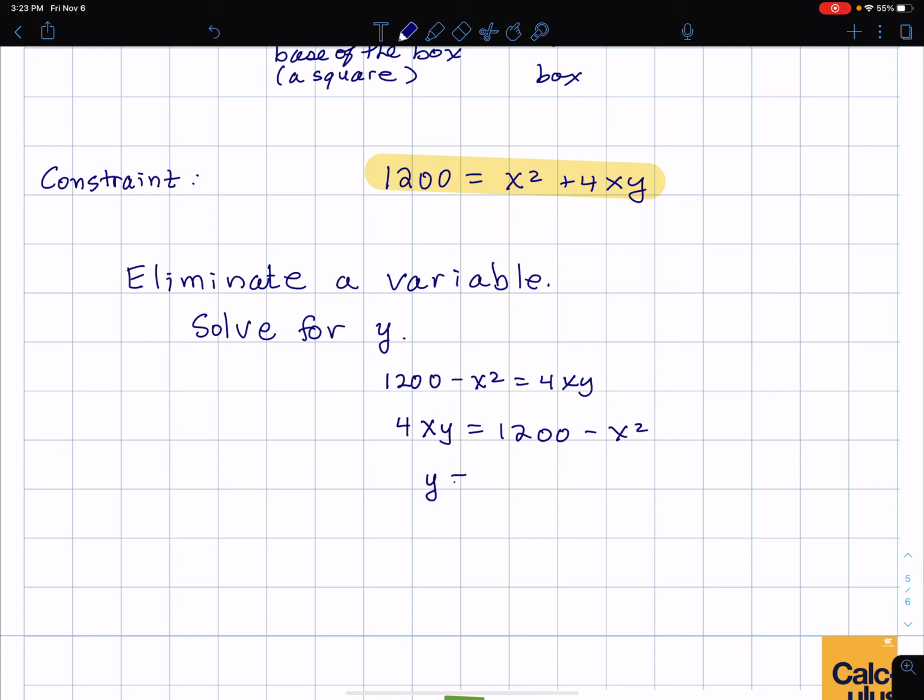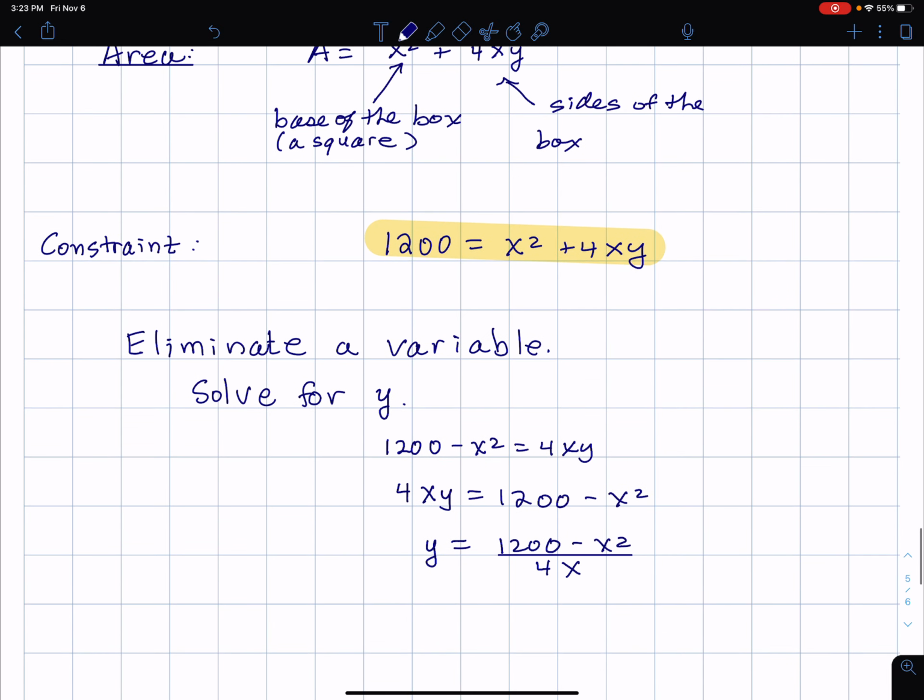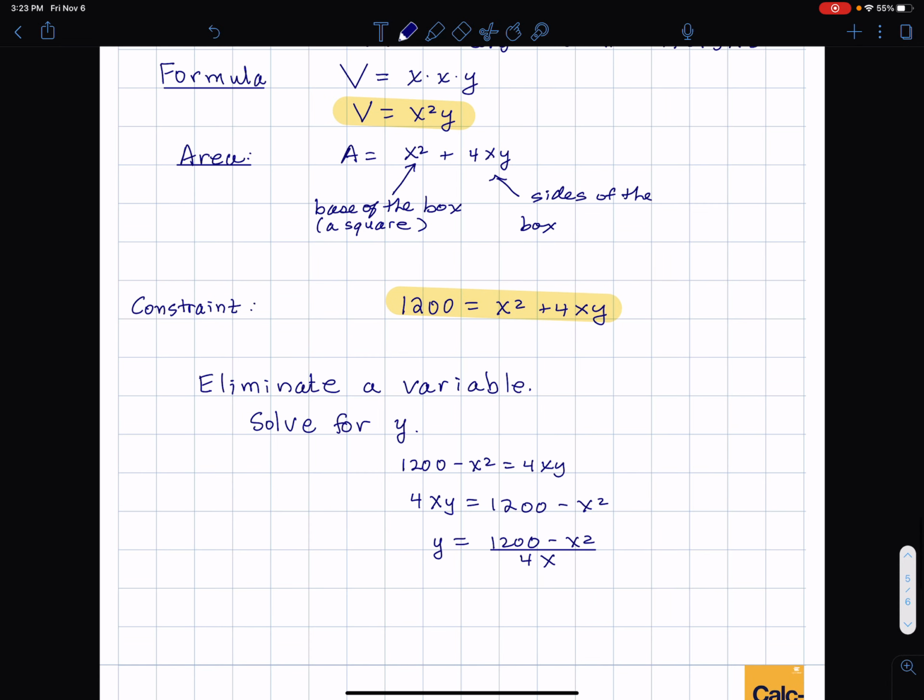Okay, what am I doing throughout this? I'm solving for y. So first I add or subtract to isolate y, and then I divide by 4x on both sides to get y all by itself. Okay, so there's y all by itself. So I solve for y, and then I go back to the volume formula.